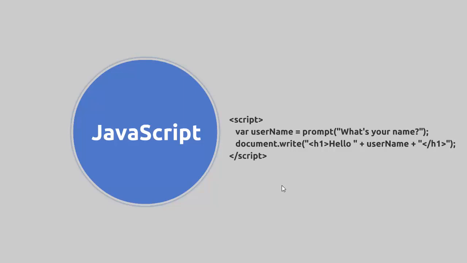So in this sample script, we're defining a variable called username and then calling a prompt function that would prompt the user to enter their name into a dialog box. That name is stored into the username variable and then written dynamically back to the document using the document write function in JavaScript, which would add the username along with the text hello inside of a top-level heading tag.